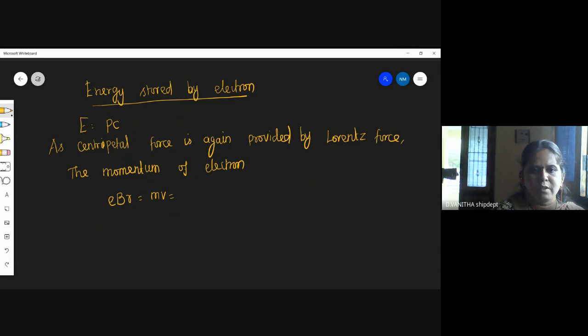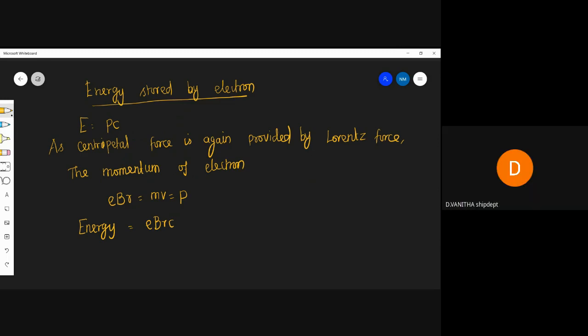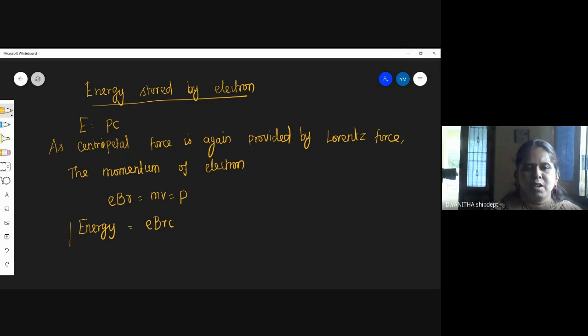So already we have that equation. This is equal to P. Now the energy can be written as P into C. So E B R into C. This will be the energy gained by the electron from the Lorentz force, which is again provided by the centripetal force. So this will be the energy.